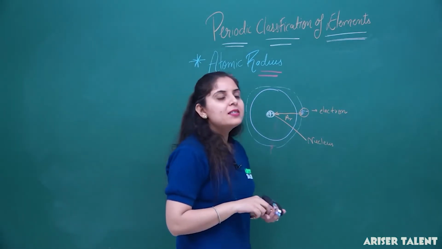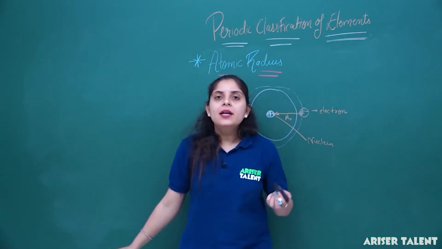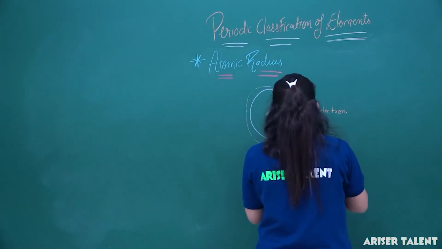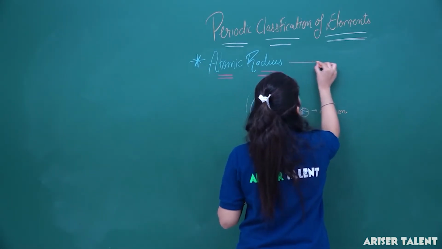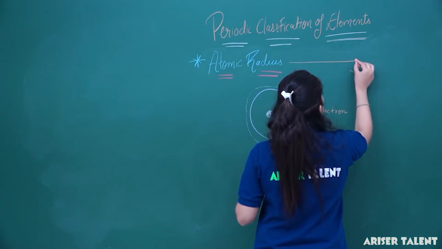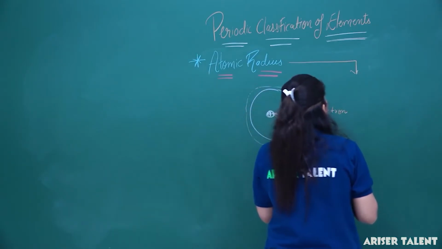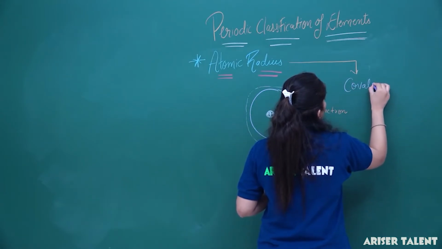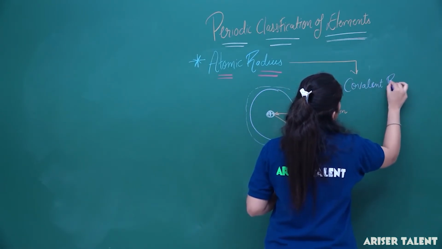Now, atomic radius is not an individual term. It is actually divided into 4 parts. So, what are these 4 parts? These are covalent radius.